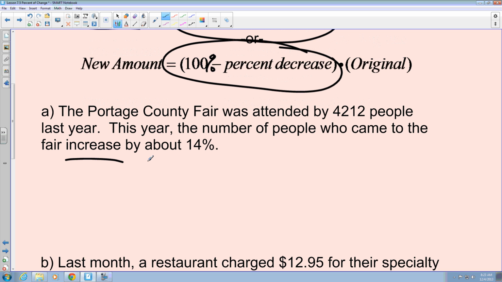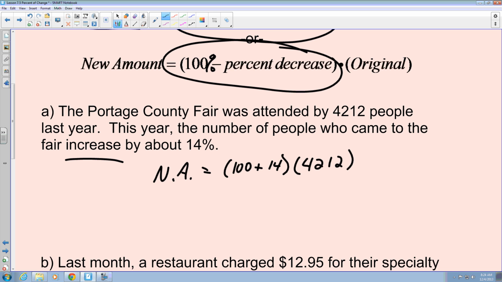So it's going to be new amount equals 100 plus, I'm sorry, 14, and it's going to be multiplied by 4212. Well, 14 plus 100 is 114. That's 114%, but I have to convert that to a decimal.